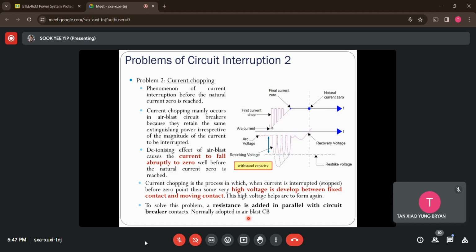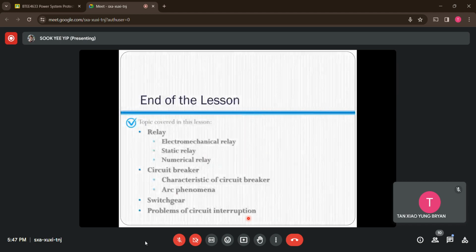So with that, we are reaching the end of chapter 2. Last week we talked about protective relays, and three generations of relays were introduced to you. The first one is the EM relay, which operates based on the electromagnetic principle. I will help you do the recap again on this Wednesday for the protective relays.